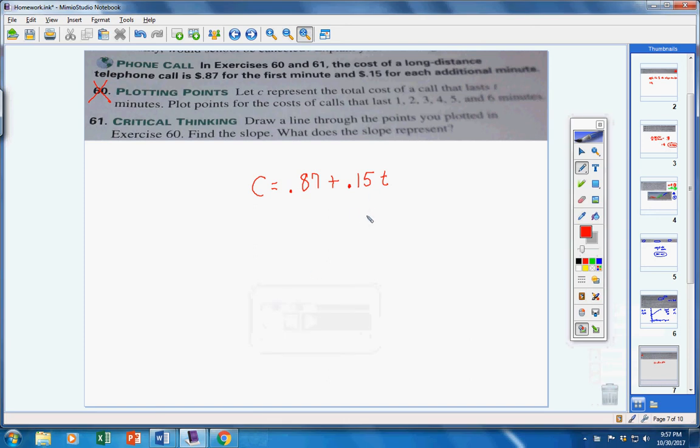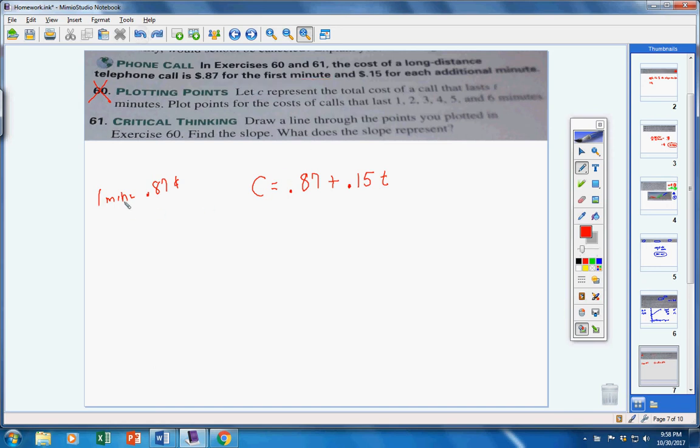And students, here's why that would not work. If you'll listen carefully, I will explain this to you. Think about it, if you talked for 1 minute, what's your total cost supposed to be? 87 cents is what it says right here. 87 cents for the first minute.